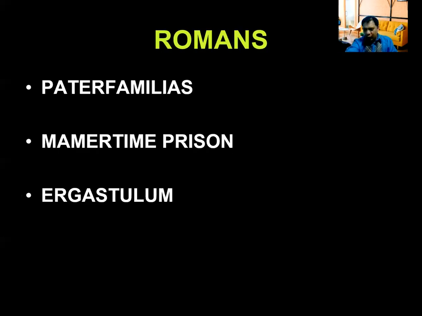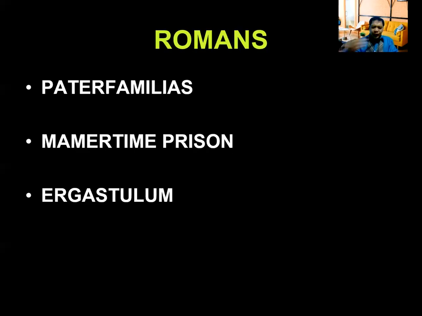You want to eat, you will eat in that area. They will give you your food. You just don't know when you will be given food. And if you want to defecate, to urinate, you urinate and defecate in your work station or in your work area. That's basically the ergastulum.